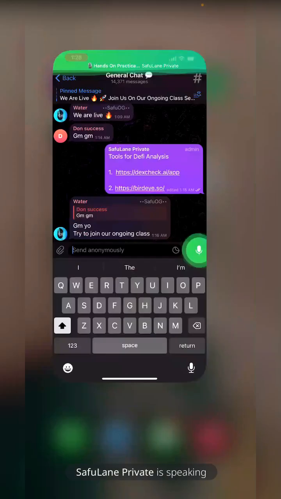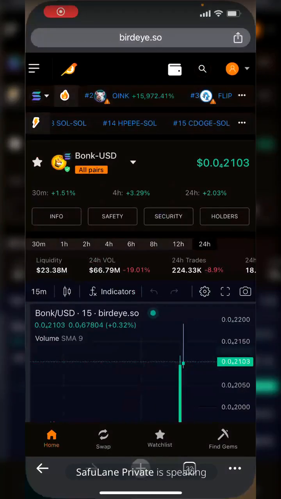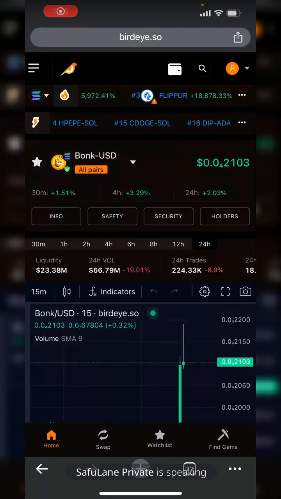For this, you have to have Solana, of course. You can just use your Binance, convert your USDT to Solana, and download an application called Solflare. That's the wallet for Solana. Maybe after the call, we'll drop the link in the group.